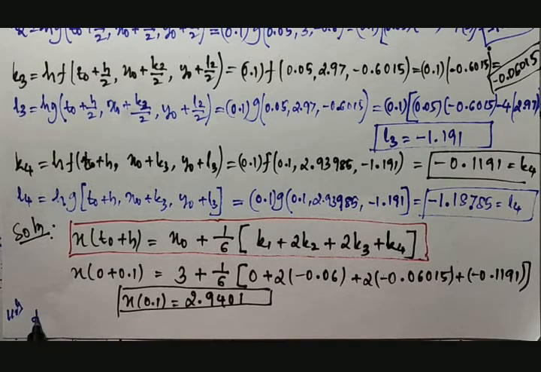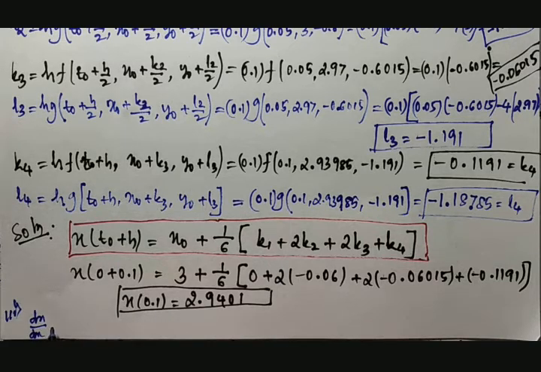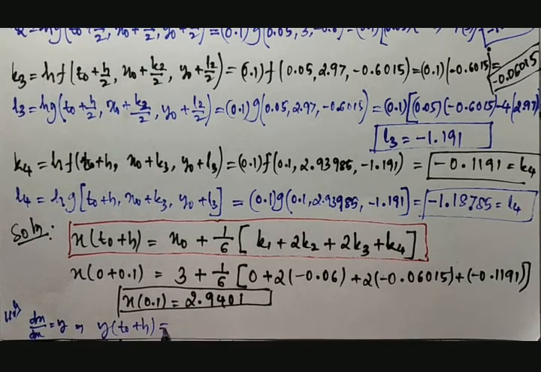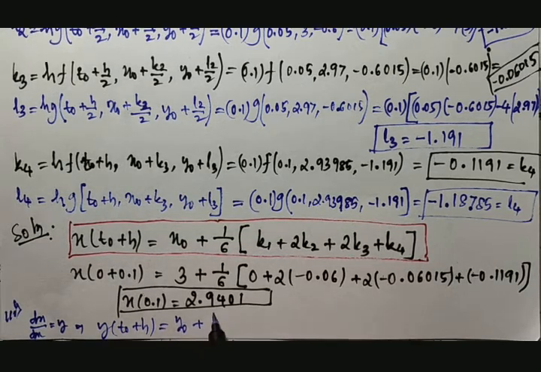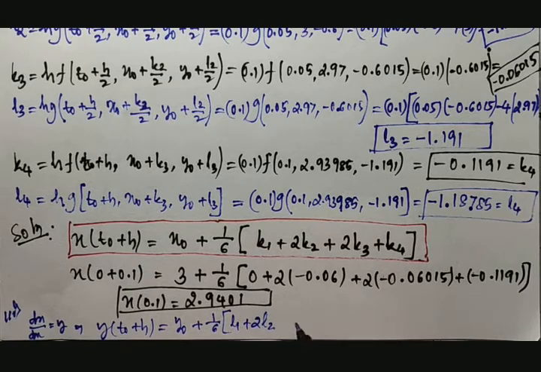Similarly, dx by dt is nothing but y, correct? Therefore, y of t naught plus h is equal to y naught plus 1 by 6 times L1 plus 2 L2 plus 2 L3 plus L4.